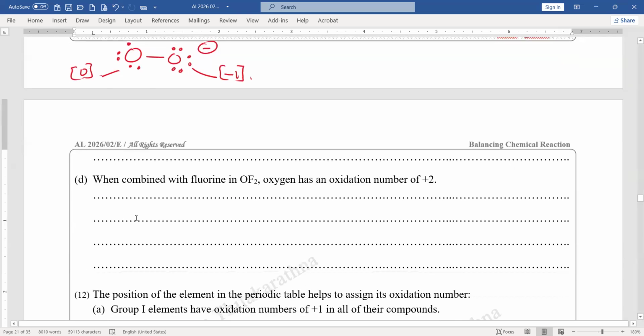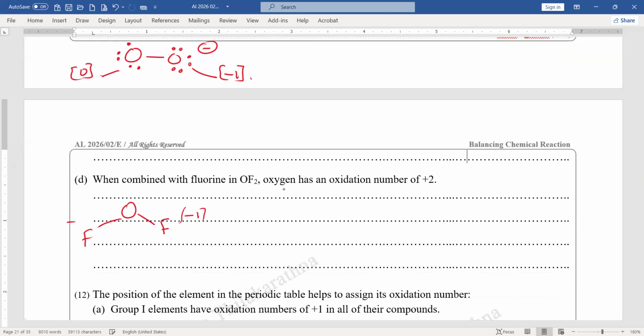Next one. When oxygen is combined with fluorine, the oxidation number is +2. Why? Oxygen, fluorine, fluorine. Fluorine is -1, -1, and this will be +2.